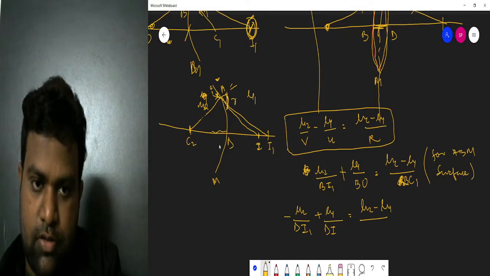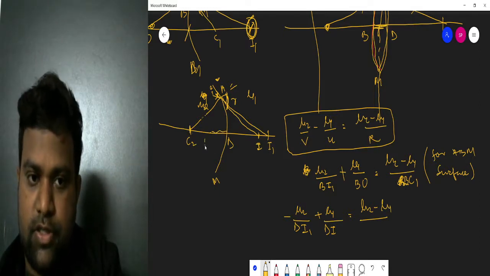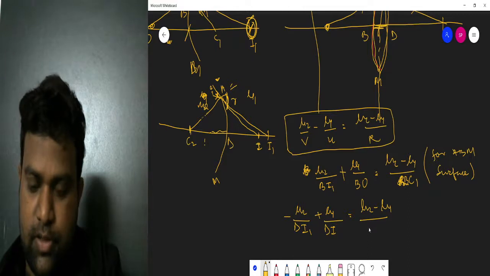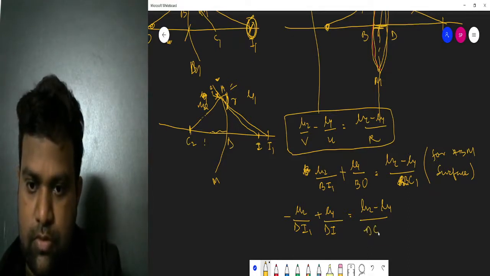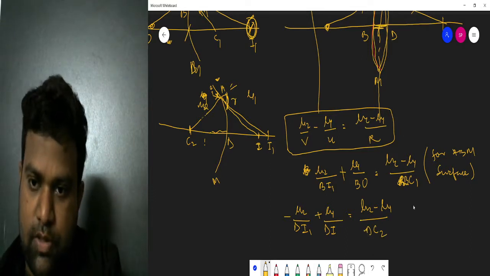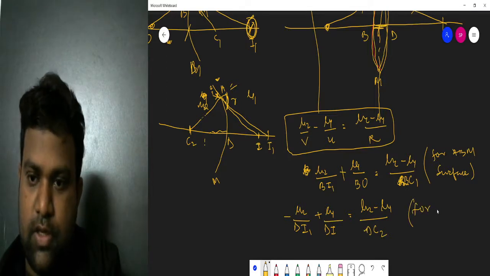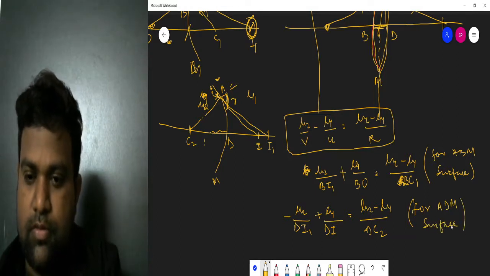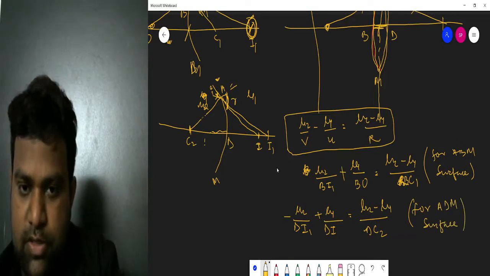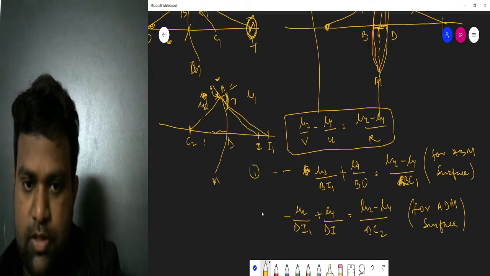So the radius of curvature we can write simply as DC2. Now this is your equation number 1 and this is for which surface? ADM surface. Right, now this is, let's say, equation 1, this is your equation number 2.